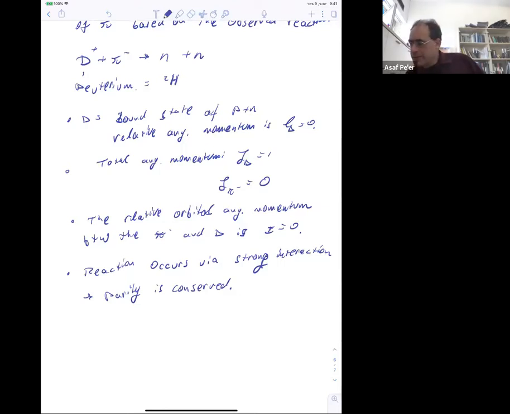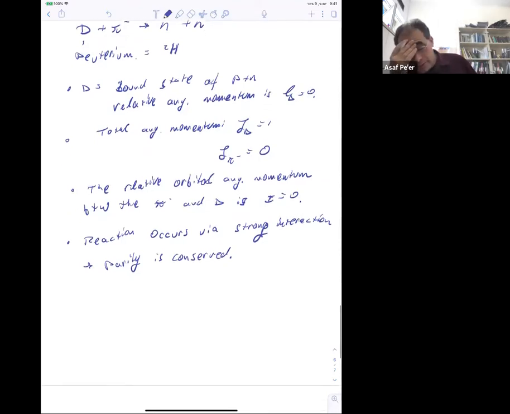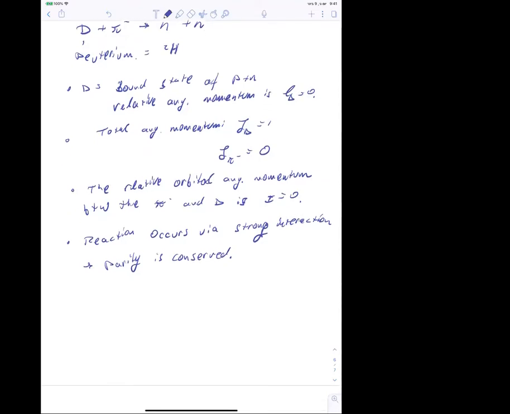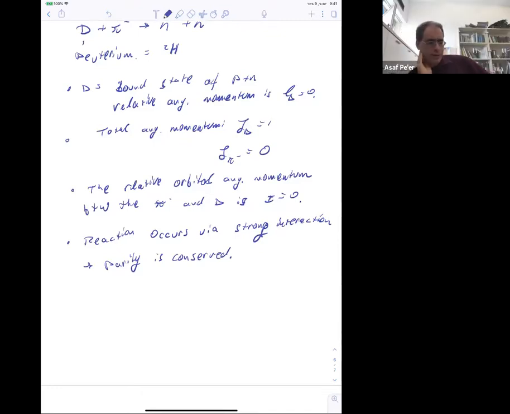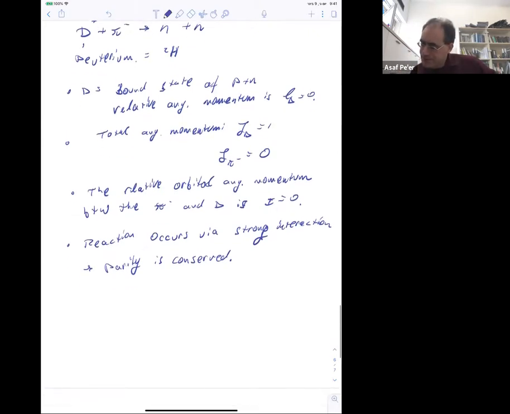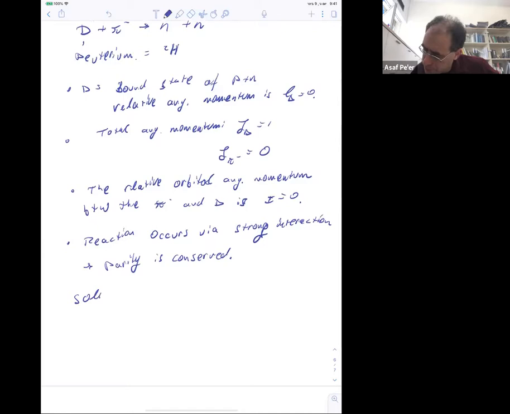In order to answer this question, we're going to make use of a lot of information: parity conservation, angular momentum conservation, the selection rules for the addition of angular momentum, and the symmetries under interchange of indistinguishable particles. The 2 neutrons are indistinguishable. So how are we going to solve that? Anybody have any idea?